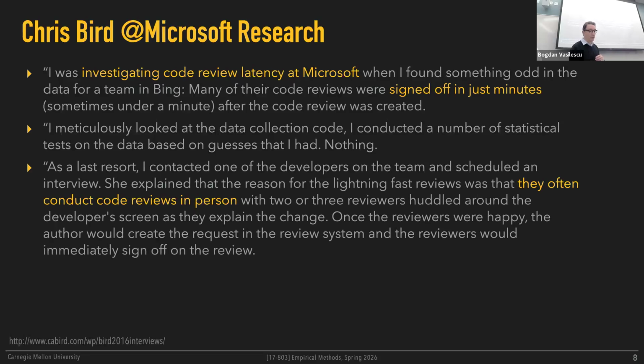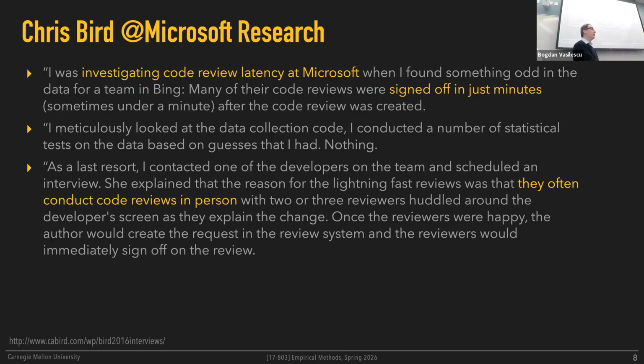So he did all the investigation he could to try to figure out what was going on with the data he had access to, all the quantitative data, and couldn't figure out what had happened. And the solution was very simple. You just had to talk to somebody on the team to understand what their process was. Turns out what people were doing is they were doing the code reviews in person together before actually submitting the change set for review officially.